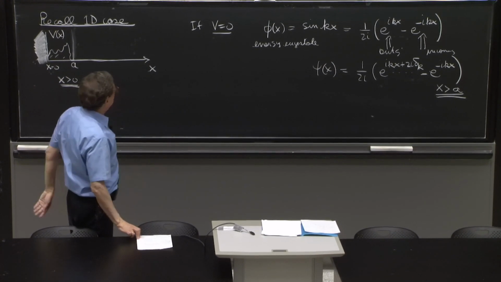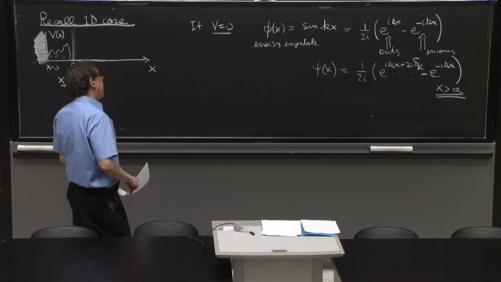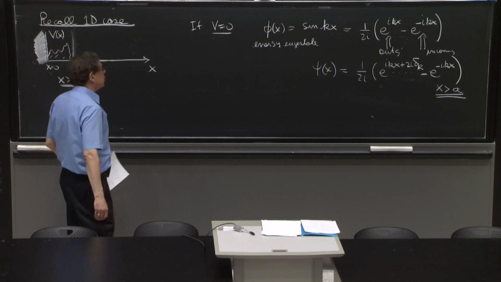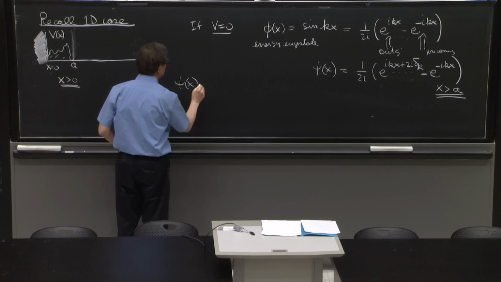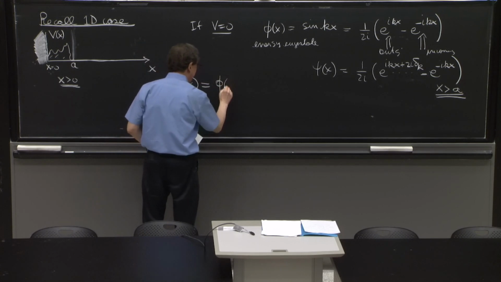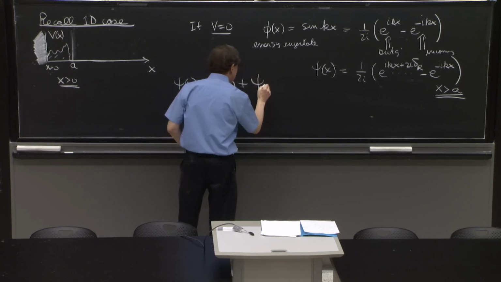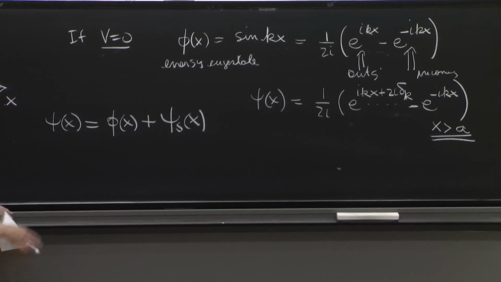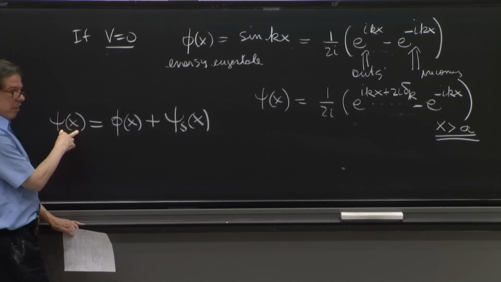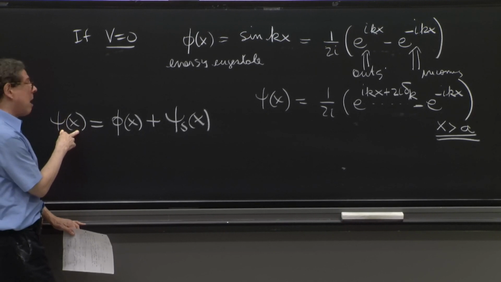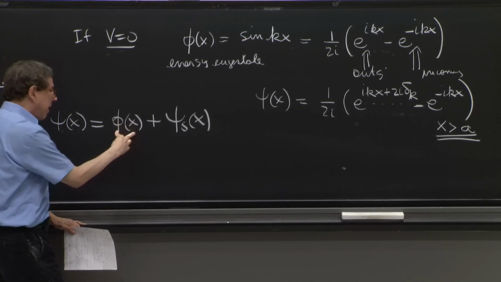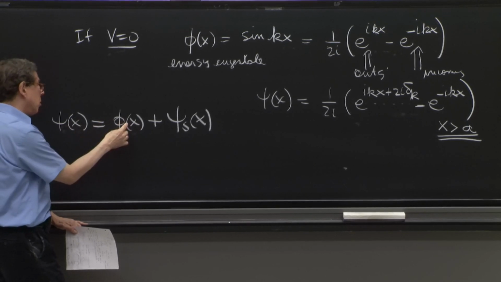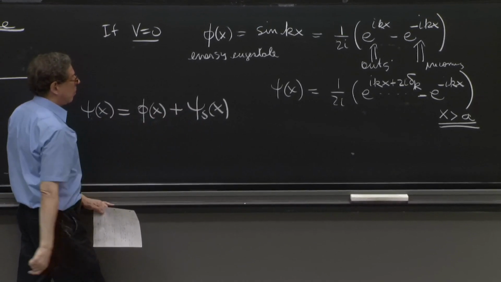So this is the general solution for scattering here, and now we can also add another definition. We can say that psi of x is going to be equal to phi of x plus the scattered wave. Our intuition is that this wave here has the same incoming component as the reference wave. But nevertheless, it has a different outgoing component, and that's the scattered wave.